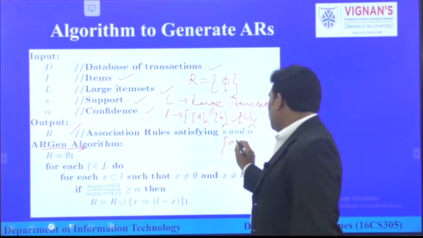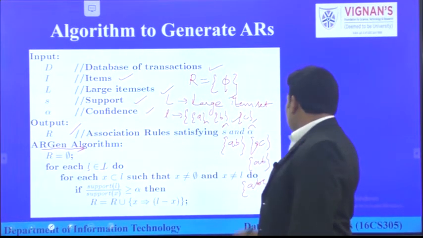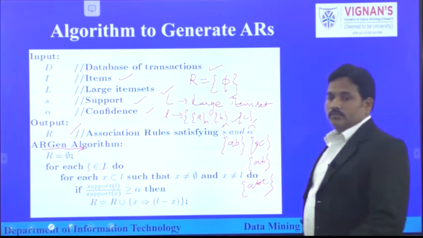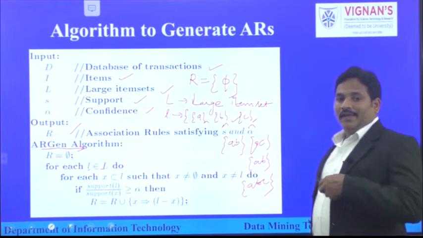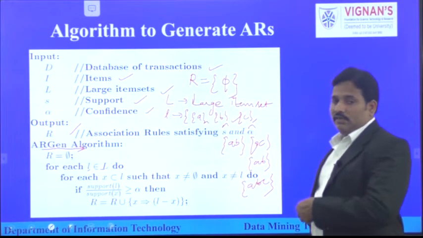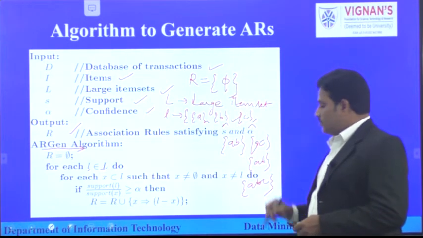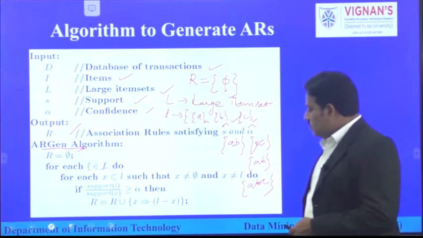We may have two item sets like AB, AC and BC. We may have three item sets like ABC. So if we assume there are three elements in a data set, we get 7 item sets: 3 one item sets, 3 two item sets and 1 three item set.